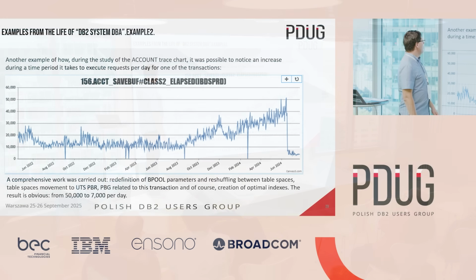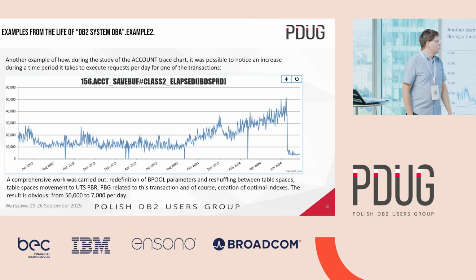Another example of how, during the study of the accounting trace chart, it was possible to notice an increase over a time period in the time it takes to execute requests per day for one of the transactions. Monitoring since 2022 to June 2024.